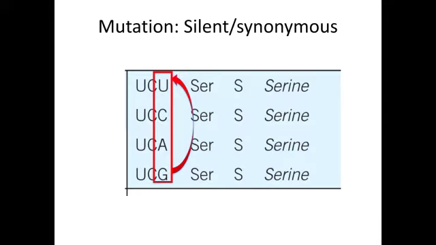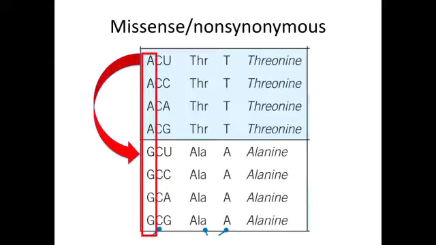So here you can see that within the codon table you have UCU, UCC, UCA, UCG. Here in this case, all changes to this codon at the third position, within this box, don't change the amino acid sequence. So they're always serine in this case. So this would mean that at this particular codon all third position changes are silent, or synonymous.